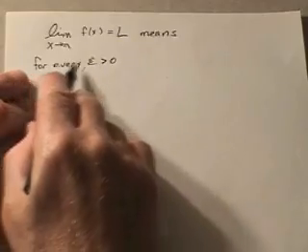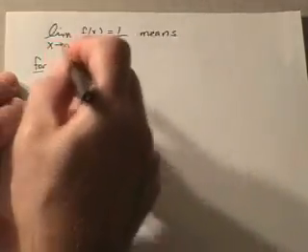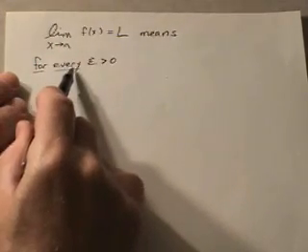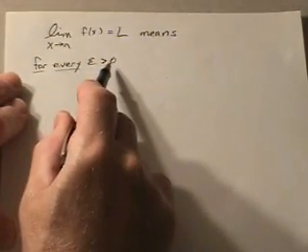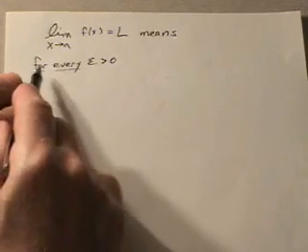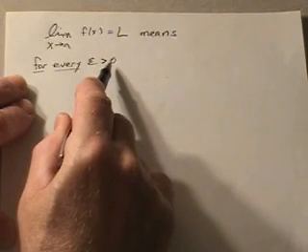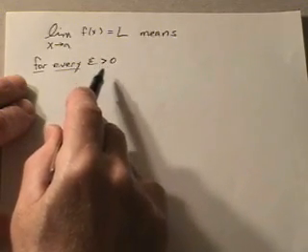Okay? For every epsilon bigger than 0. Don't drop these words. They're important. If you just write epsilon greater than 0, it's wrong, because it doesn't say what we are saying here. We are saying for every possible epsilon that's bigger than 0, no matter how small it might be.